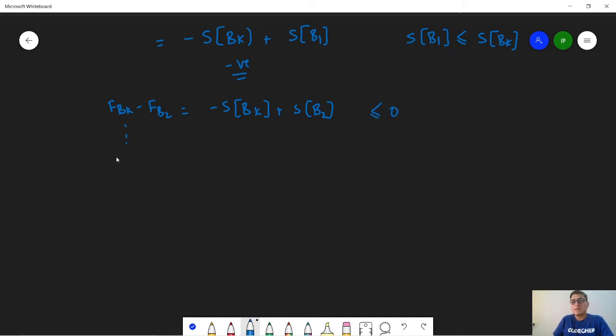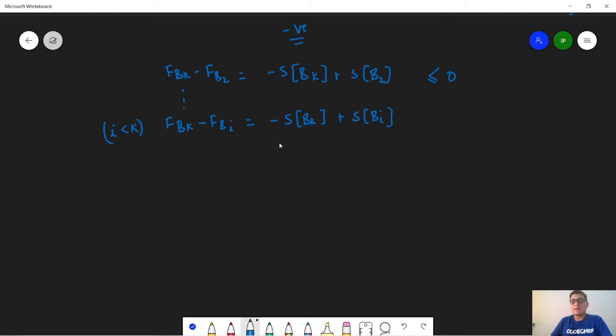Now by induction we can say that f of B of K minus f of B of I, where I is less than K, is equal to minus S of B of K plus S of B of I. What this means is that considering the sequence B1 till BK, choosing the trainer with the maximum sadness is always optimal because it either gives a better answer or it gives an answer that is just as good as taking any other trainer from 1 to K minus 1.